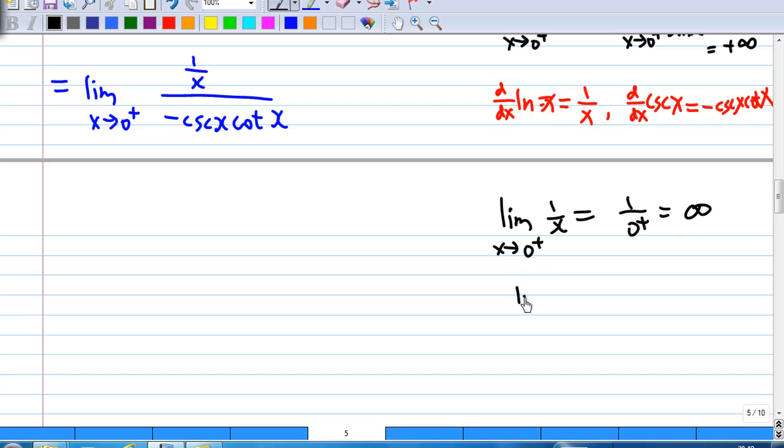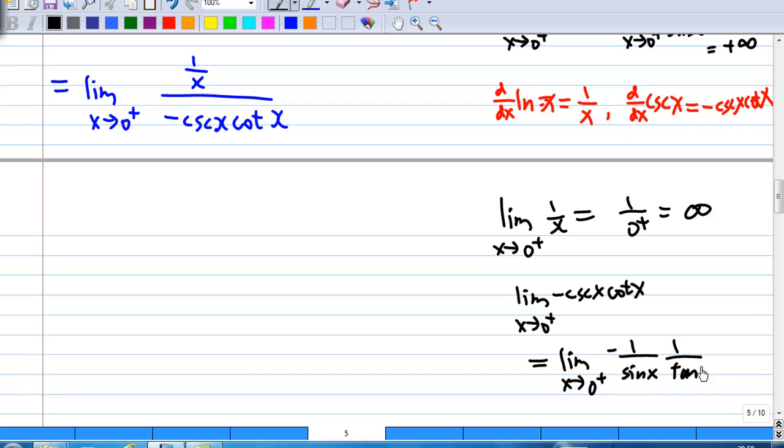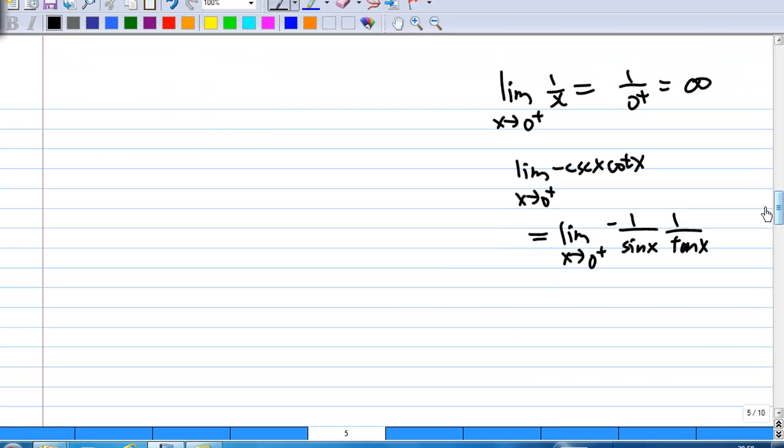If you look at the limit as x goes to 0 plus of negative cosecant x cotangent x, you'll find that this is equal to the limit of negative 1 over sine x times 1 over tangent x, since cosecant x is 1 over sine x and cotangent x is 1 over tangent x.